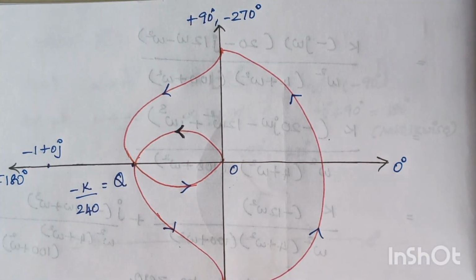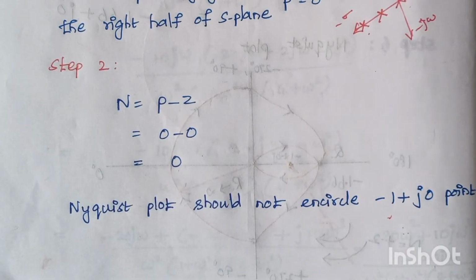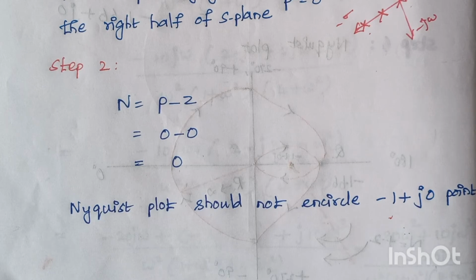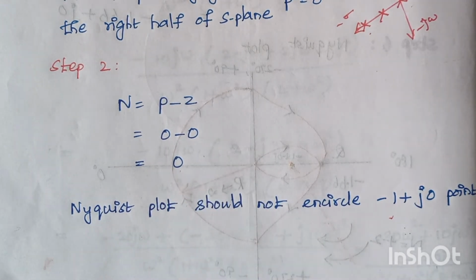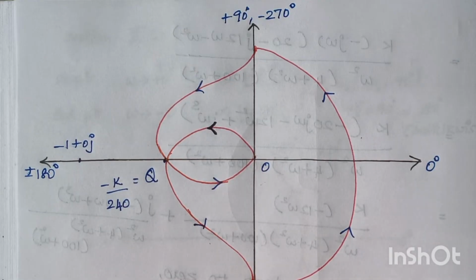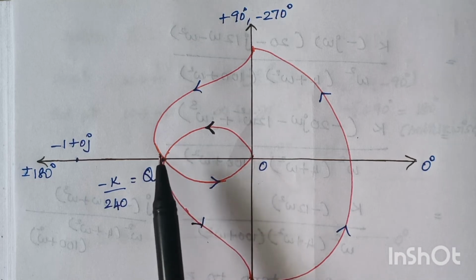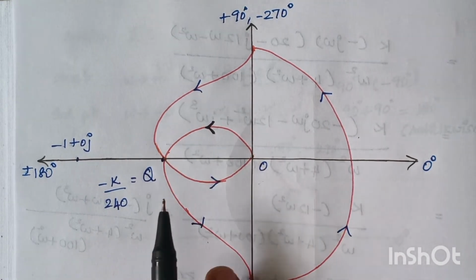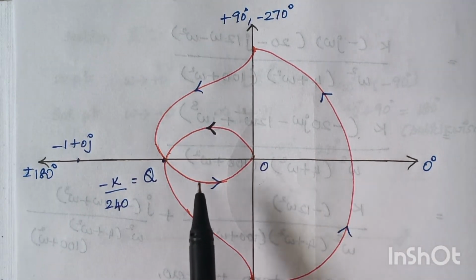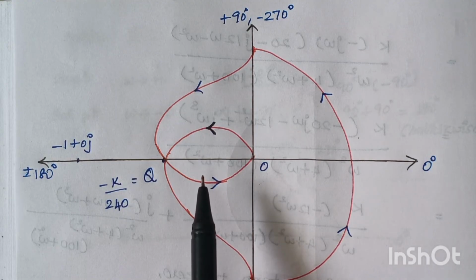Now we have to go back and check our step number 2. So in step 2, what about the number of encirclements? The number of encirclement is 0, right? This should get tallied with the diagram which we had drawn now. So number of encirclement equal to 0. What do you mean by that? Here you see this diagram should not cover the minus 1 plus 0j point. Do you accept?